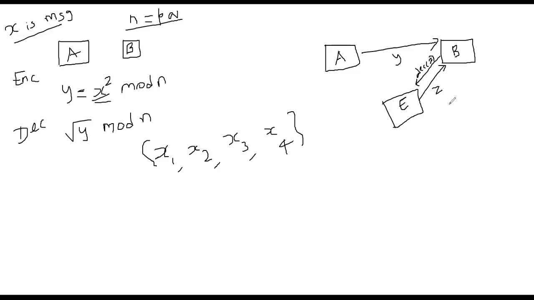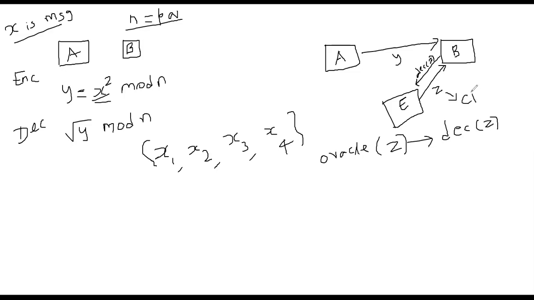Let me be clear what the oracle is. The oracle takes as an input some ciphertext, say Z is some ciphertext. It will give the decryption of Z as a reply back to Eve. This is called the chosen ciphertext attack because the attacker Eve is submitting ciphertext.